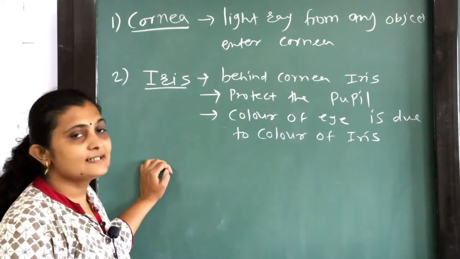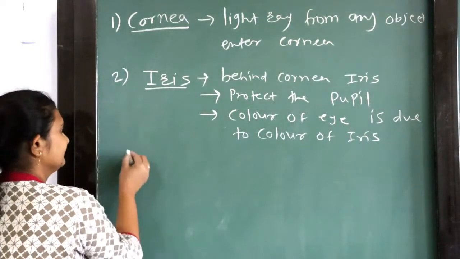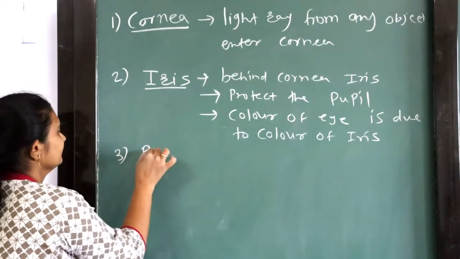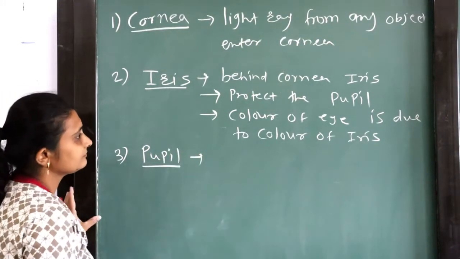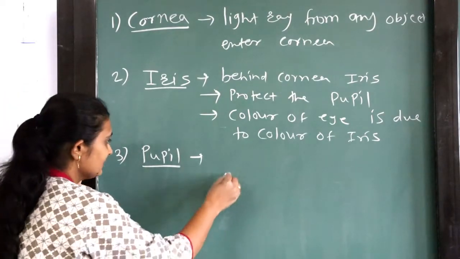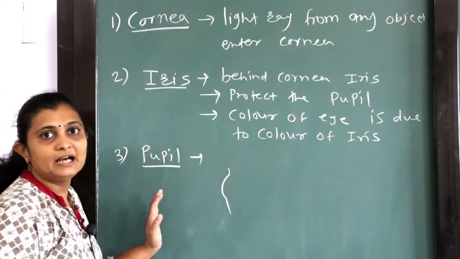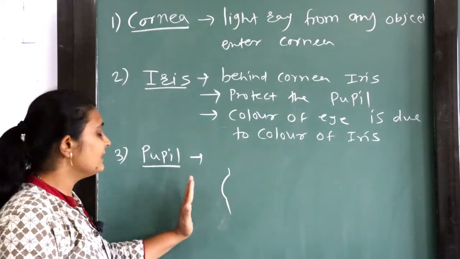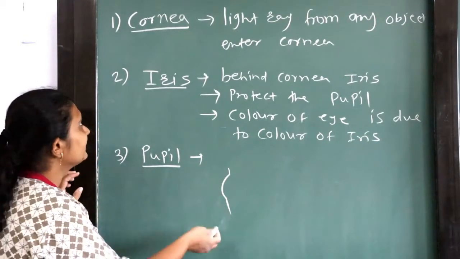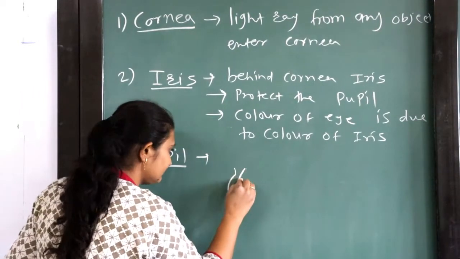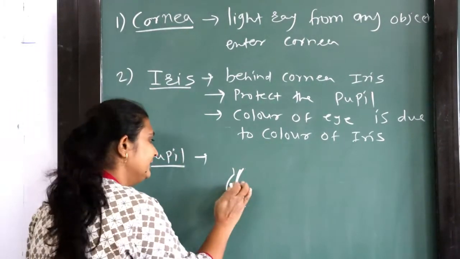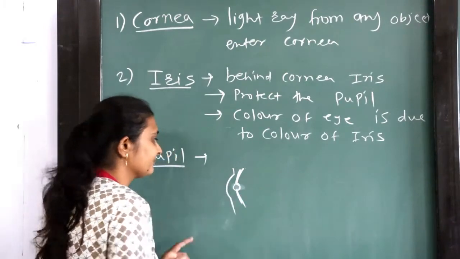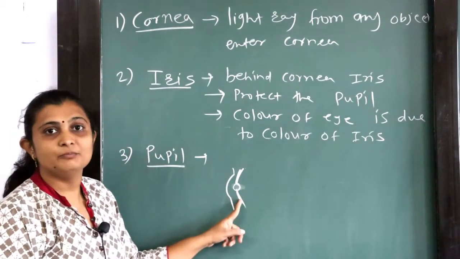Now the next part is the pupil. Suppose this is the cornea of the eye, the first part. After the cornea, this part is the iris. Now here in the middle one hole is there, and that hole is called the pupil.